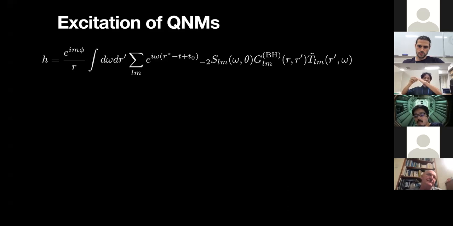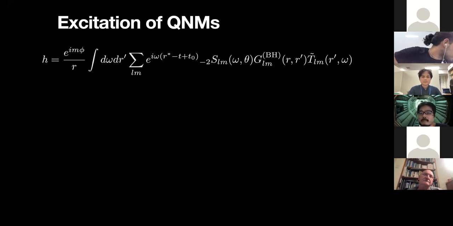So it's hard to extrapolate to lambda equals 0 for lower spin cases. That's why I didn't compute the excitation factors for lower spins, sorry. I see, yes, I understand.